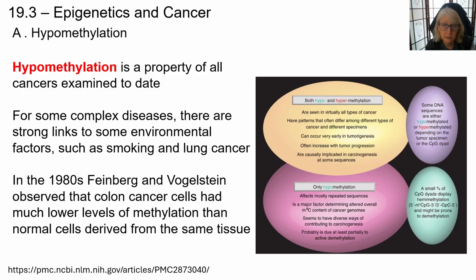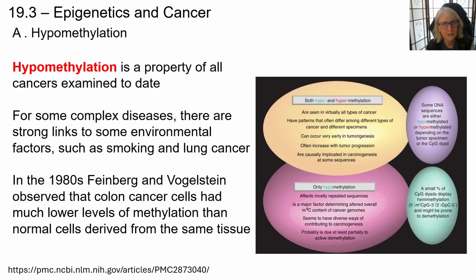When we look at cancers, we find that hypomethylation, not having enough methylation, is a hallmark of every single cancer that we've examined. Now, this is the first step, not all the steps, but there does seem to be some really strong links to environmental factors like smoking and pollution and stress that lead to low levels of methylation that can then trigger long-term changes in the body that lead to cancer.